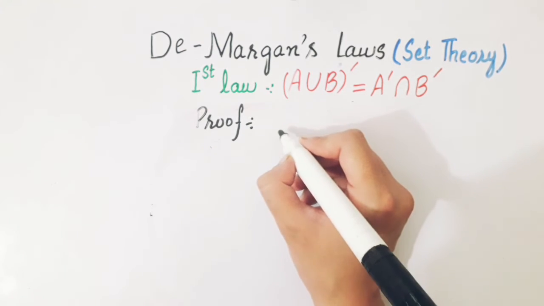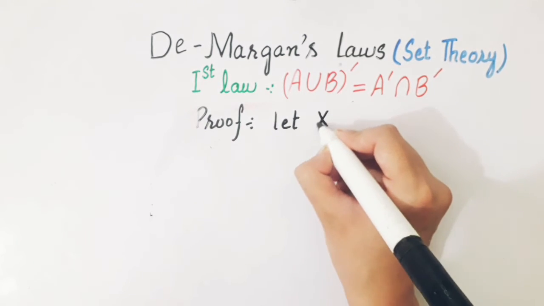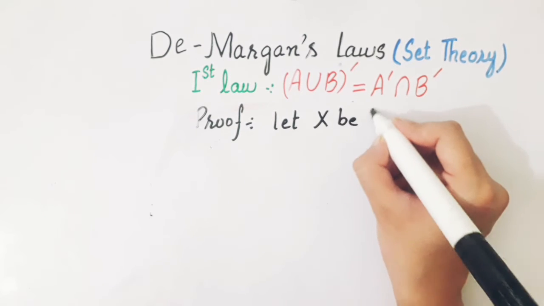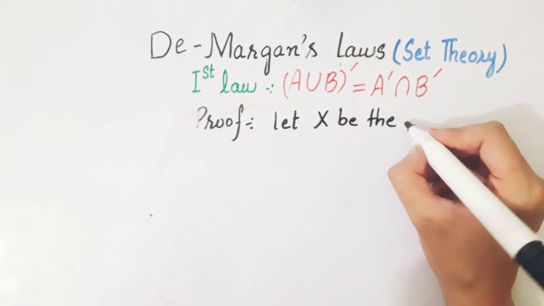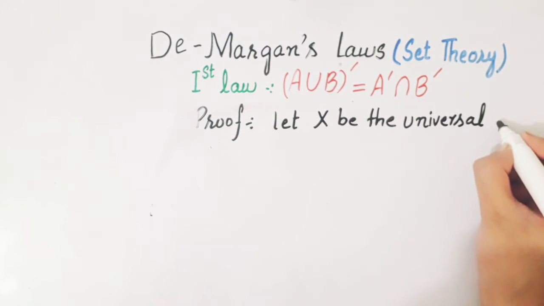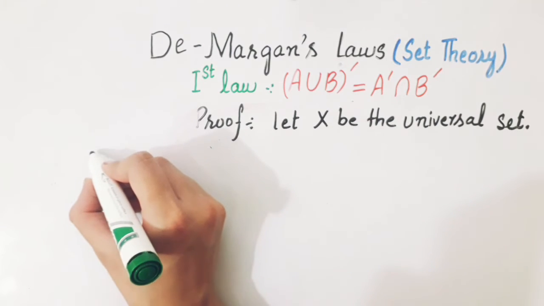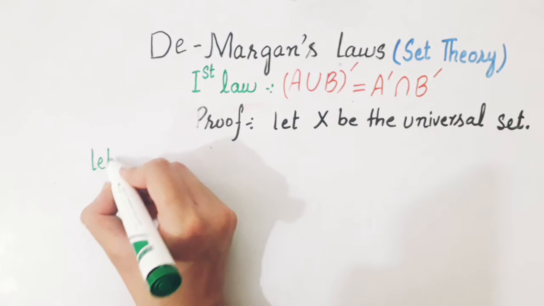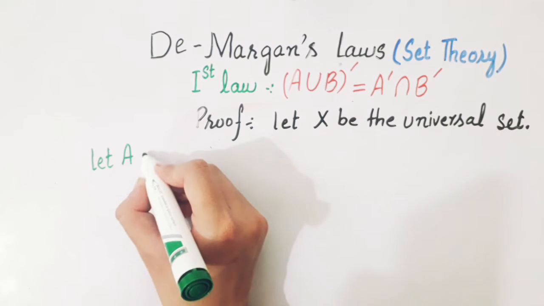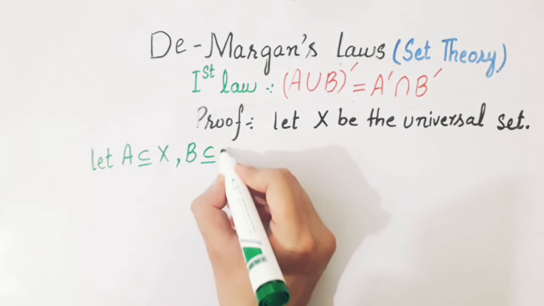For this, first of all, consider that let X be the universal set, and consider two subsets: A is a subset of X and B is also a subset of X.